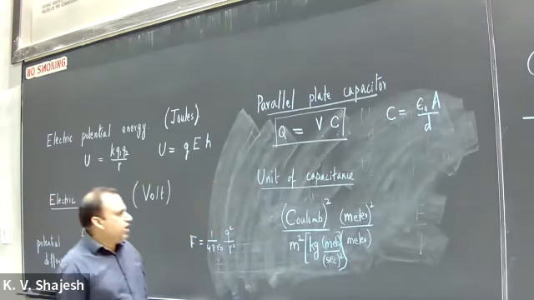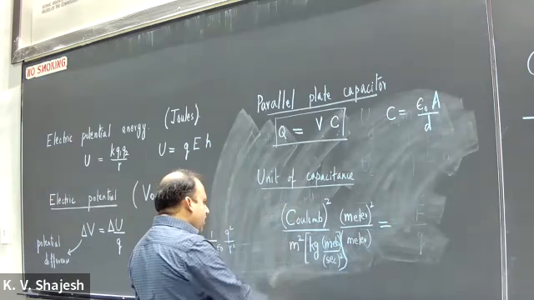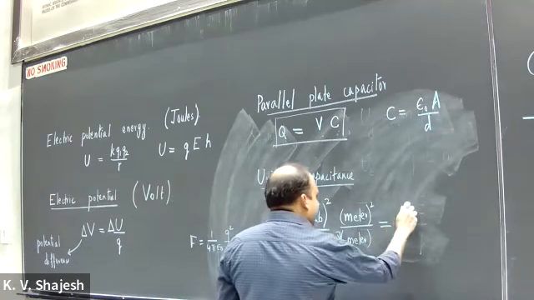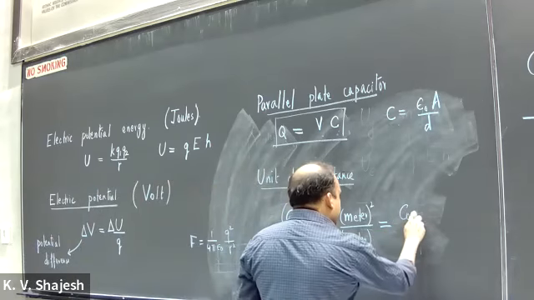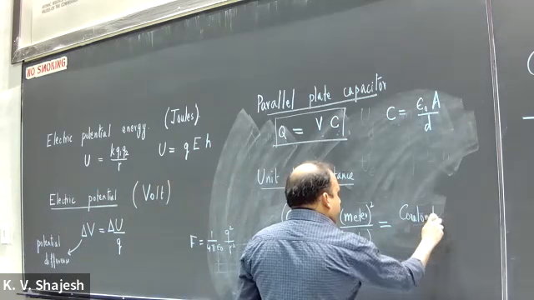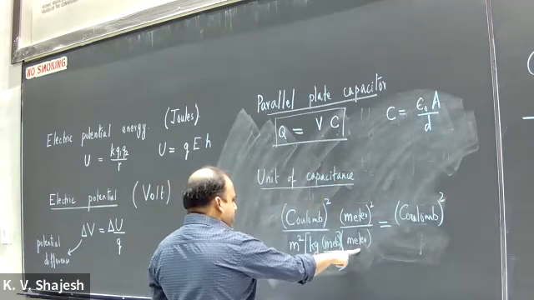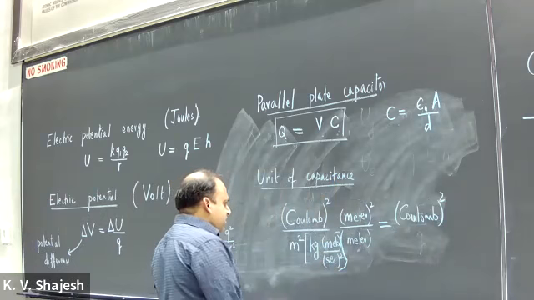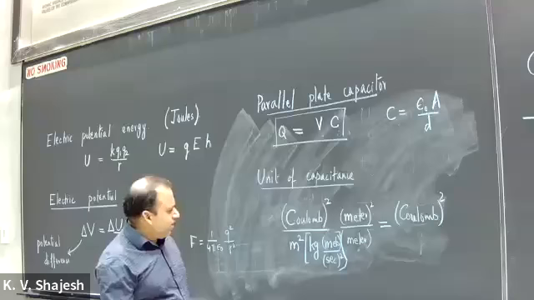Put this all together, and that's equal to coulomb squared, and there is a meter and a meter in the denominator that cancels the meter squared, and there is a meter squared left.